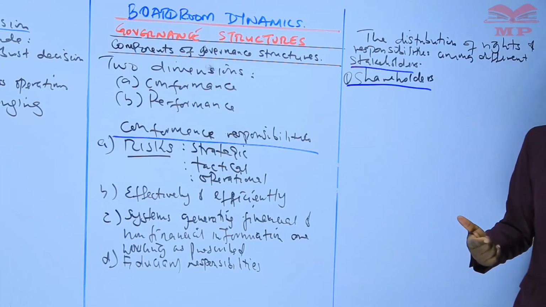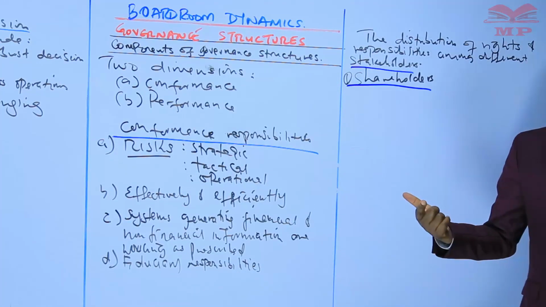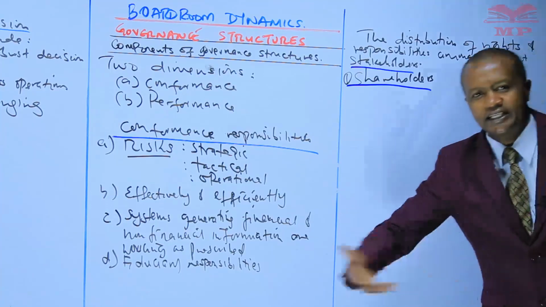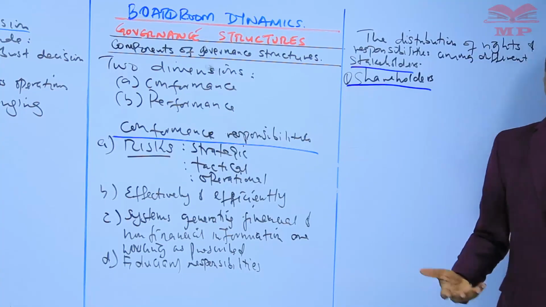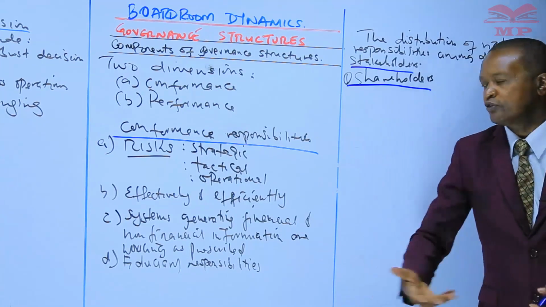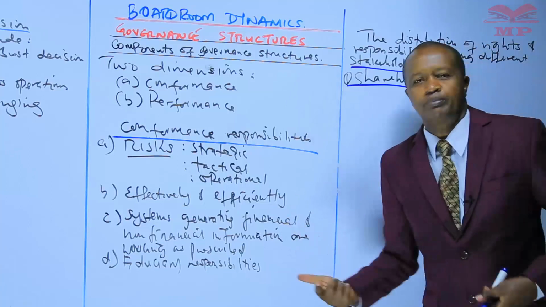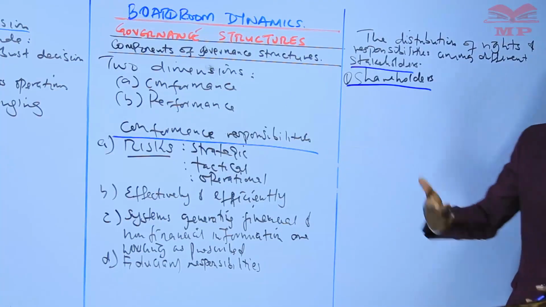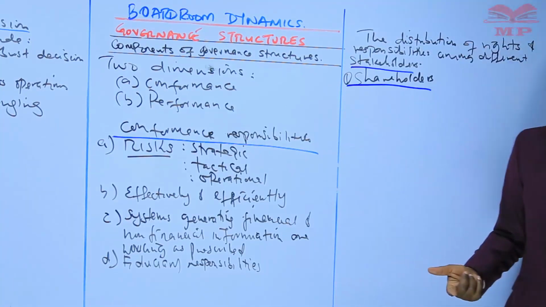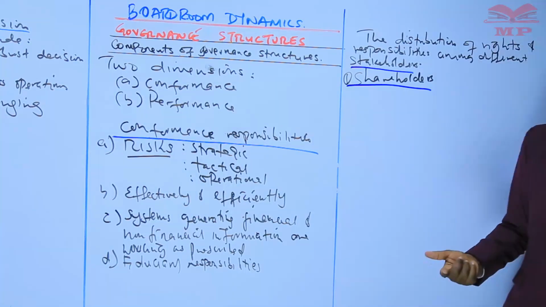And such powers are defined both by company law, which establishes the baseline of shareholder rights, and the specific contents of a company's constitutional instruments. These are the Articles of Association and the Memorandum of Association.